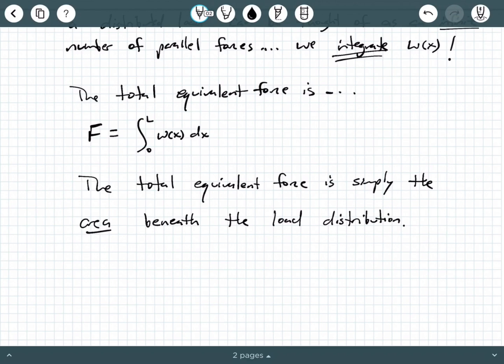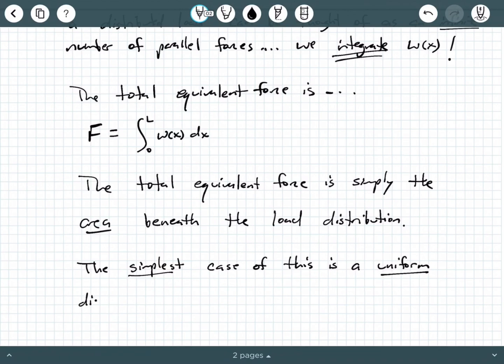Okay? And that's it. Now, the simplest case of this is what we call a uniform distributed load. All right? So we're going to make a note of this. The simplest case of this is what we call a uniform distributed load.